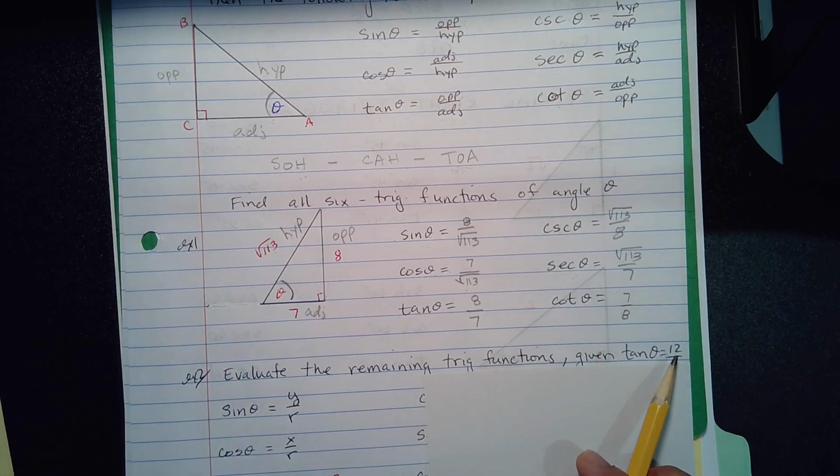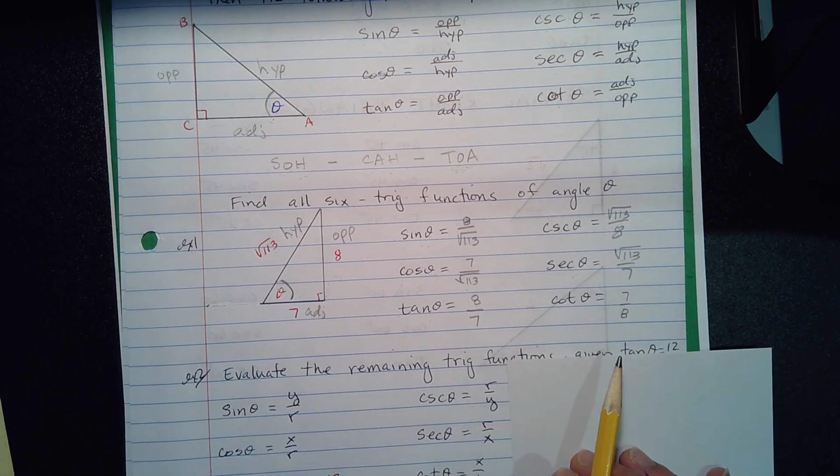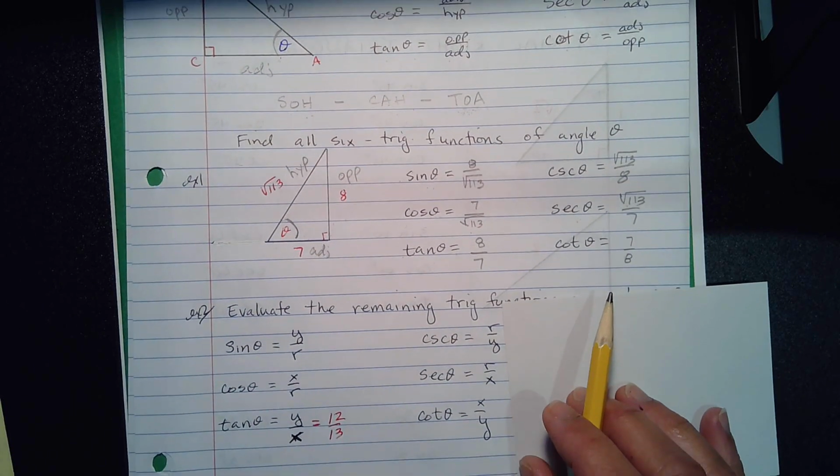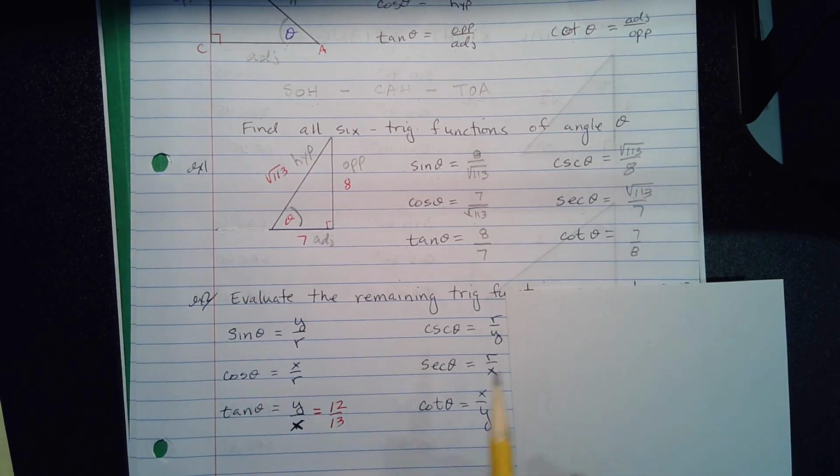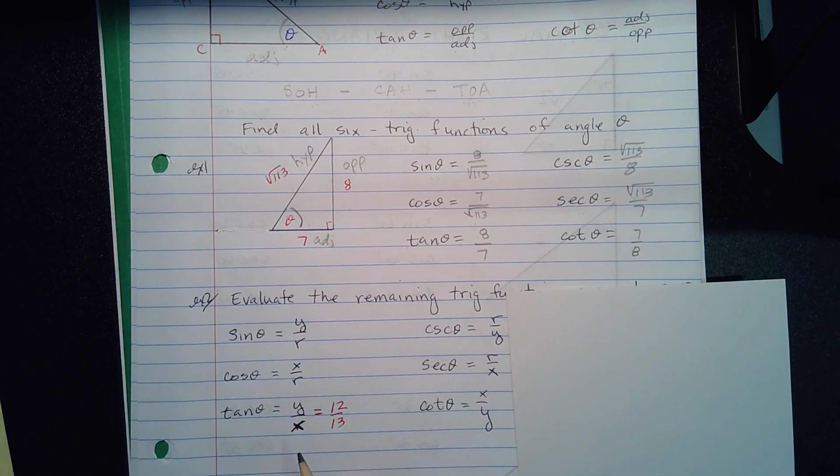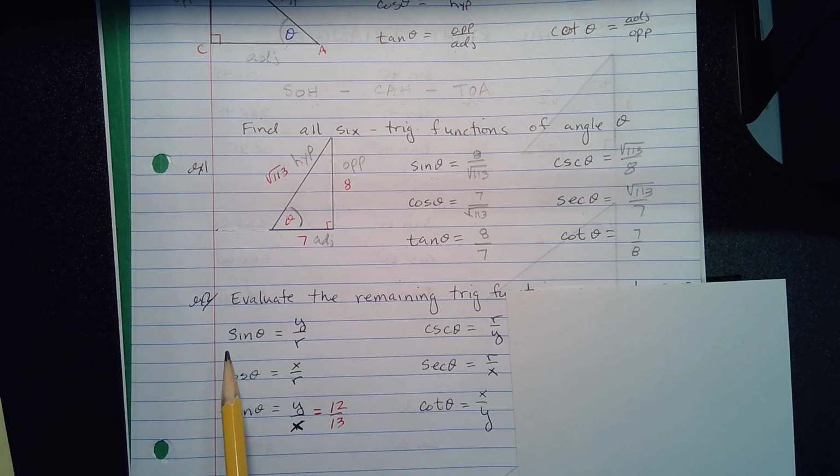Okay, I'm going to review with you how else you can remember the relationships of sine theta, cosine theta, and tangent, along with cotangent, secant, and cosecant. Whenever you see sine theta, think y. Whenever you see cosine theta, think x.